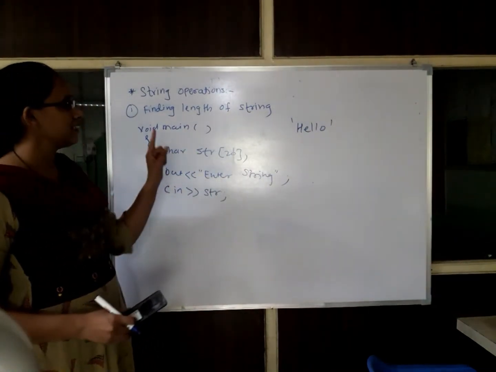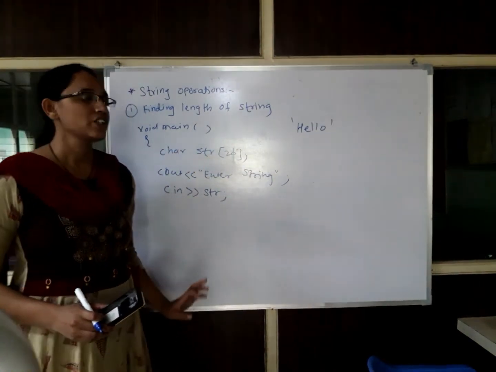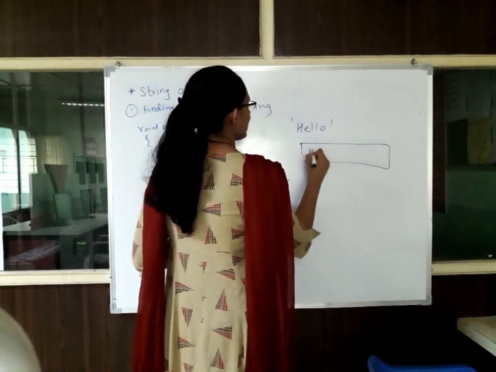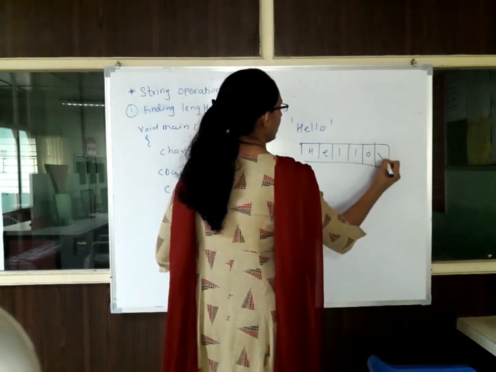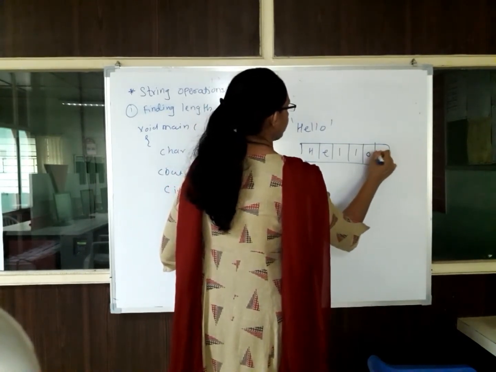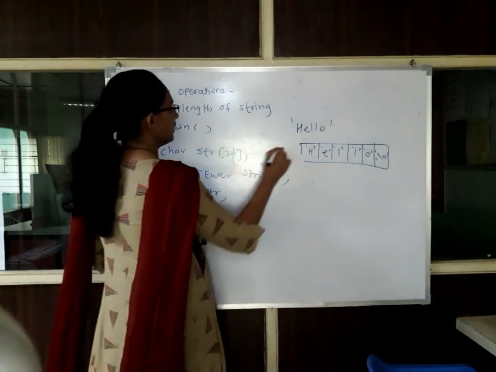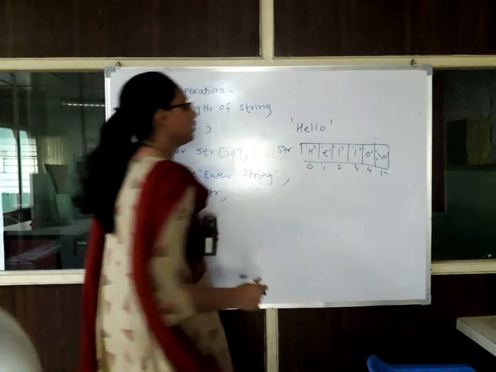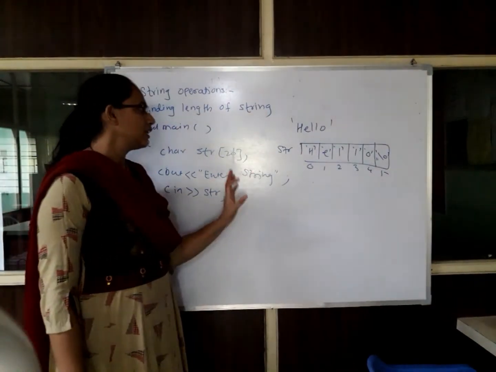Finding the length is nothing but counting the number of characters in that string. So this hello is stored in memory as H, E, L, L, O and then the null character. This is my str, indices 0, 1, 2, 3, 4. How will you find out? What will you think?